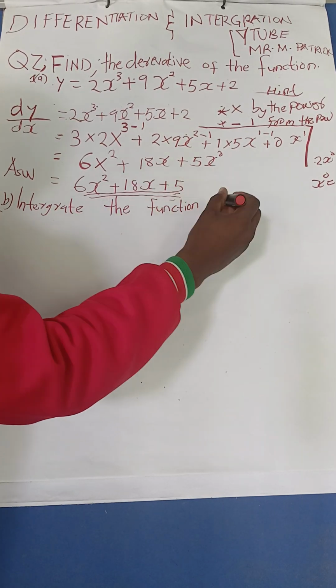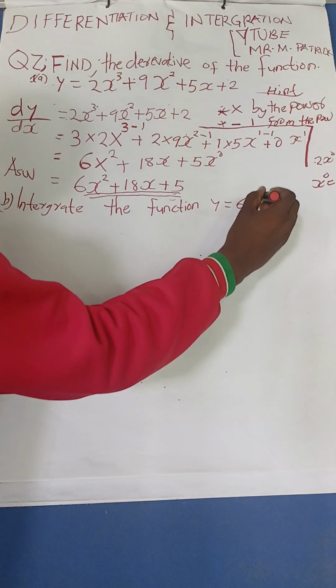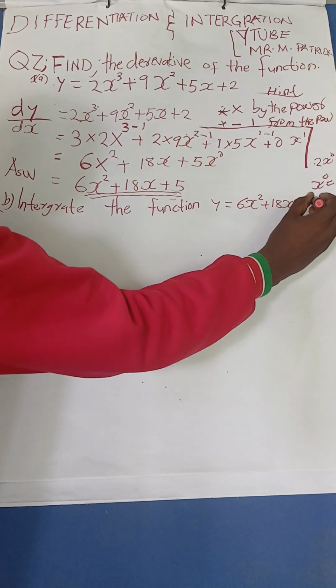Let's say this one now, y is equal to 6x squared plus 18x plus 5.